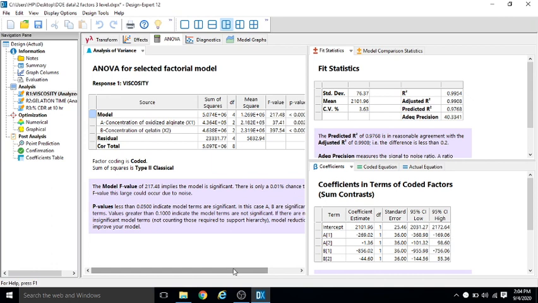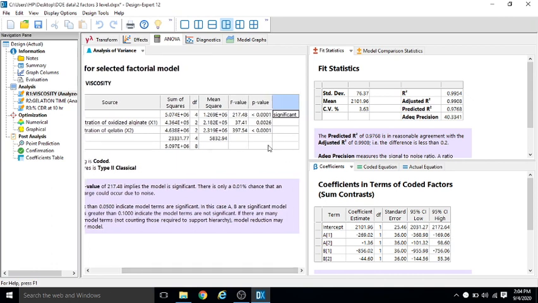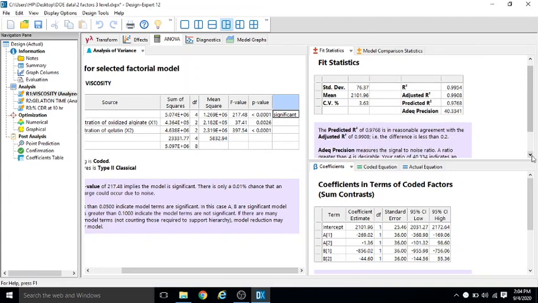So that is very necessary for our conclusion. Here in the fit statistics, our R square value is 0.99, adjusted R square is 0.99, predicted R square is 0.97, and adequate precision is 40.33.